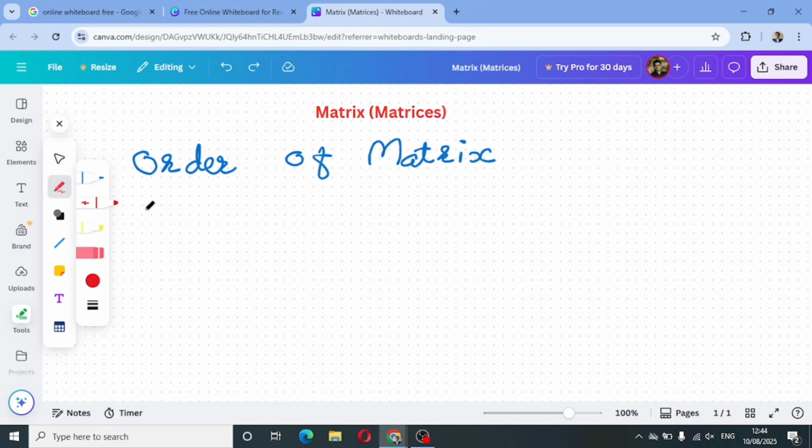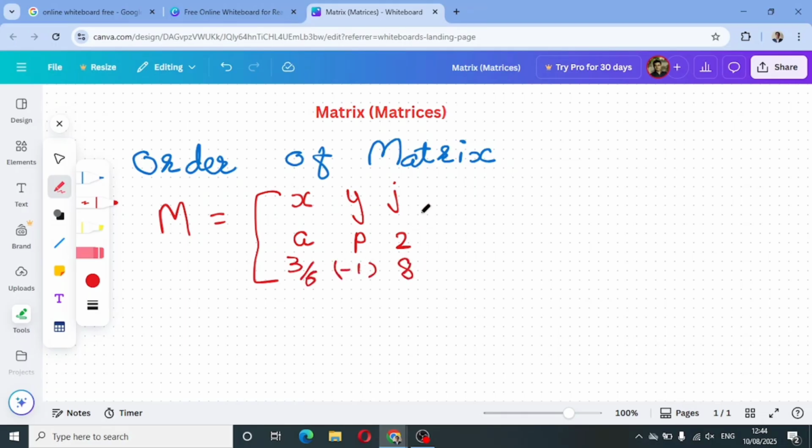Say M is equal to X, Y, J, A, P, 2, 3 by 6, minus 1 and 8. Let's say this is one of the examples.